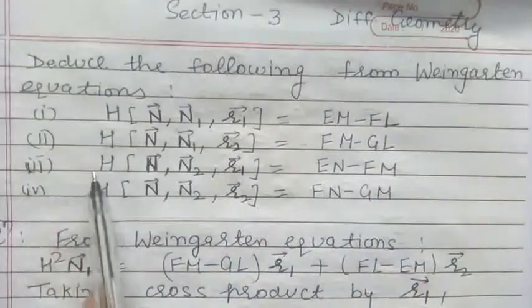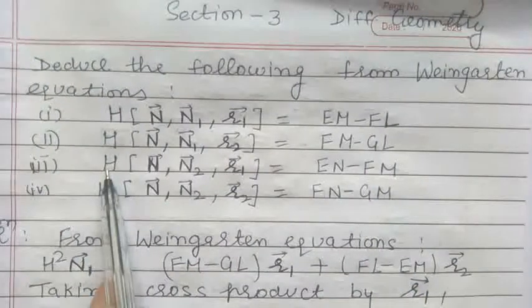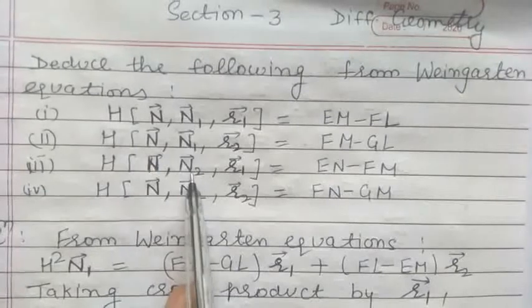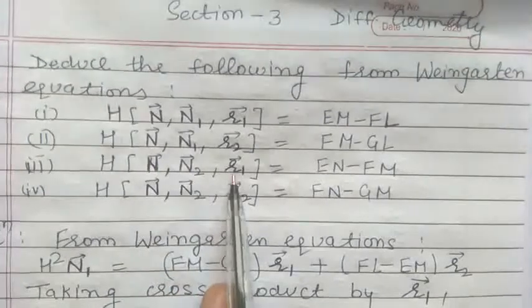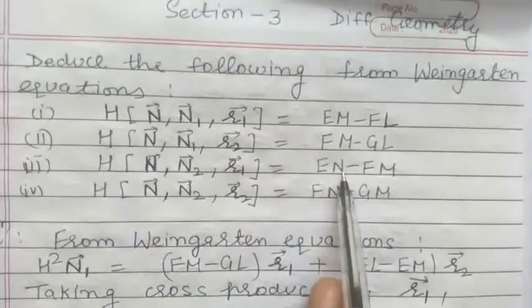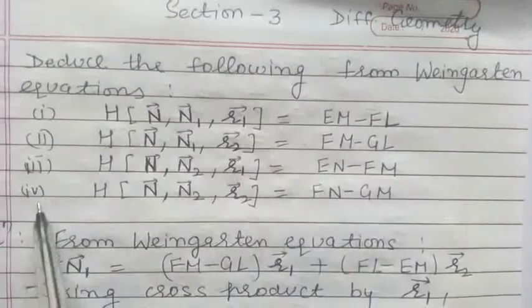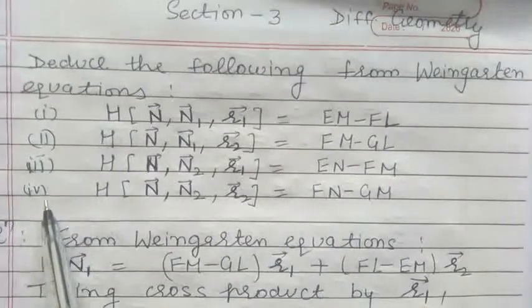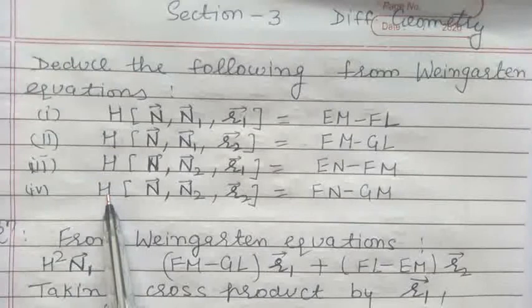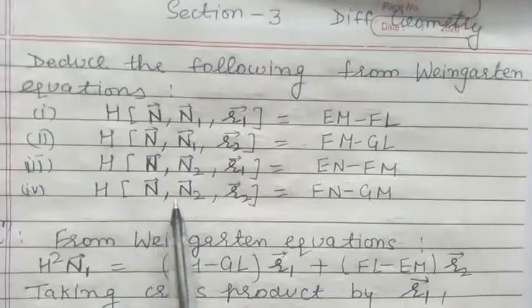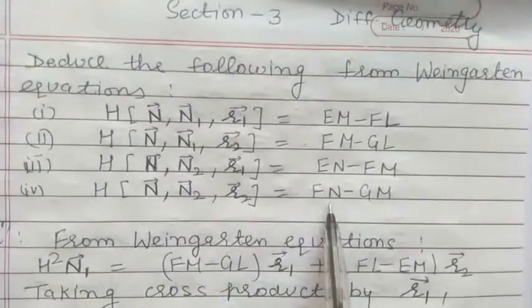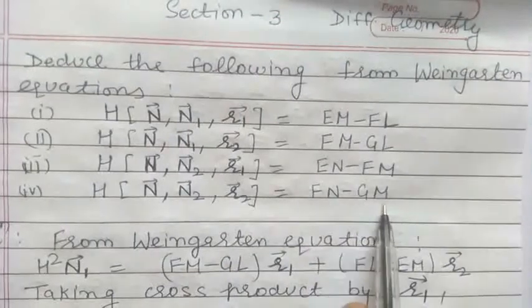Third part, H into the scalar triple product of the vectors n, n2 and r1 is equal to en minus fm. And the fourth is the product of H and the scalar triple product of n, n2 and r2, which is equal to fn minus gm.